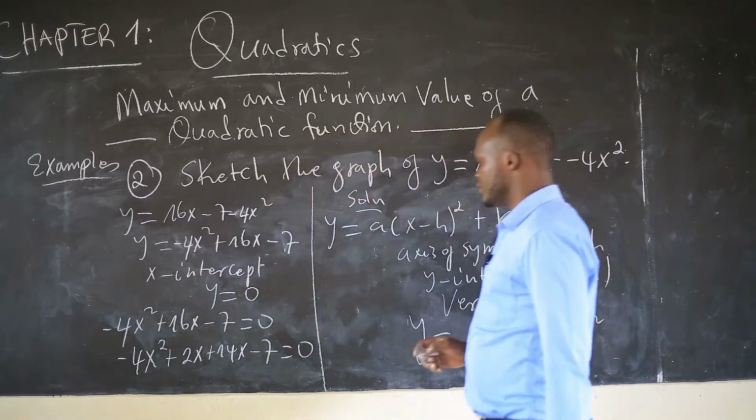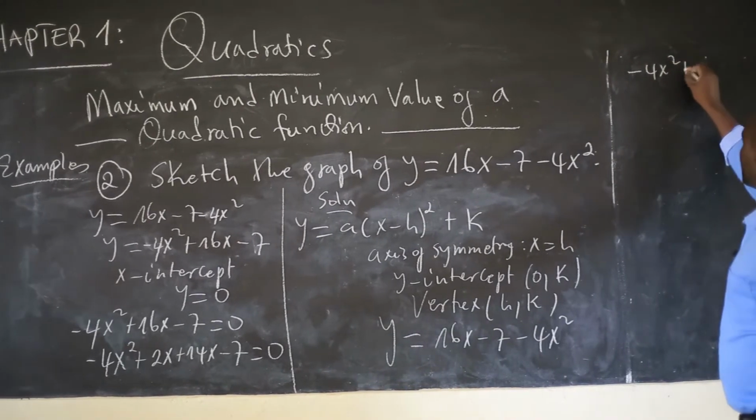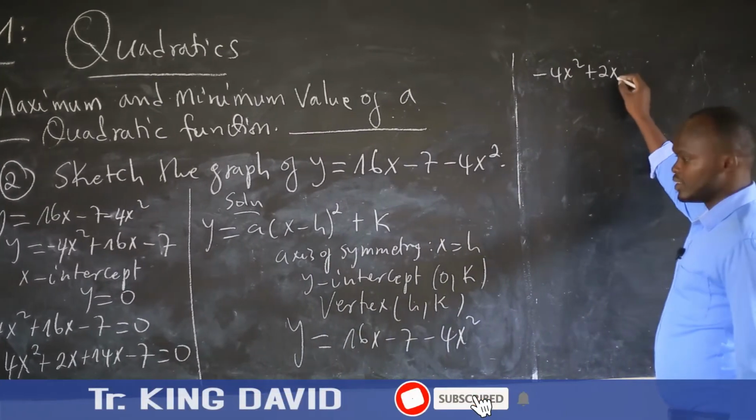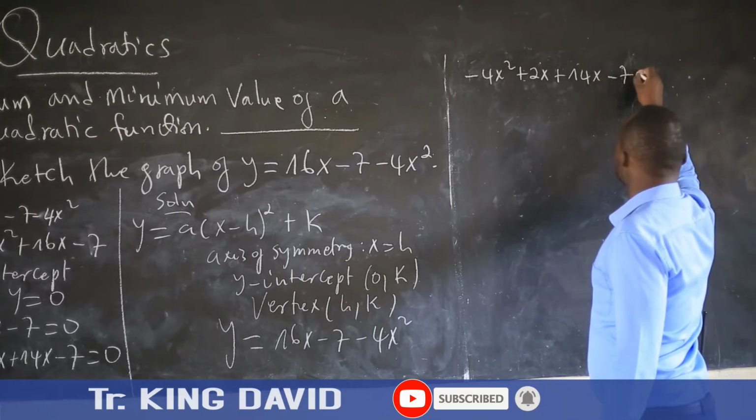So finally, we get negative 4x squared plus 2x plus 14x minus 7 equal to 0.